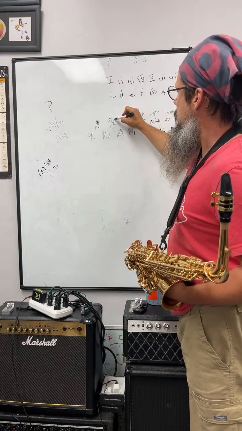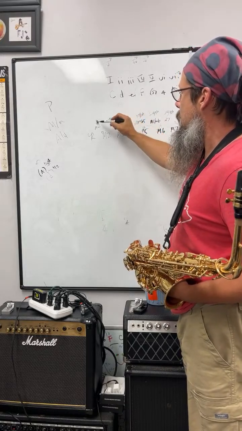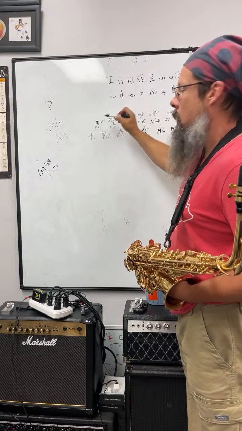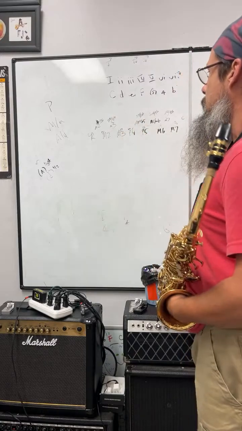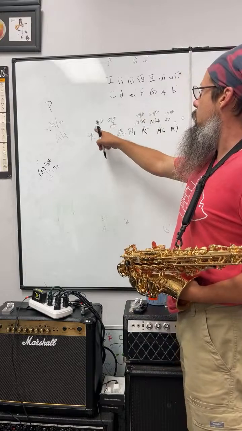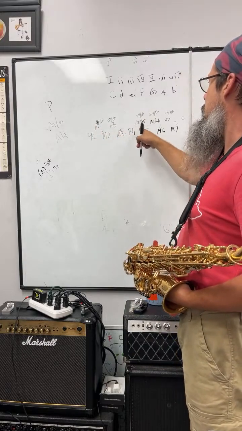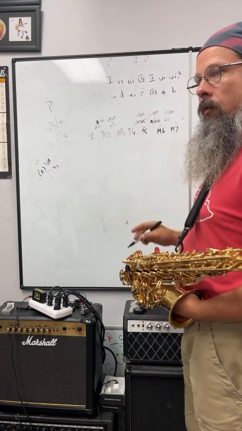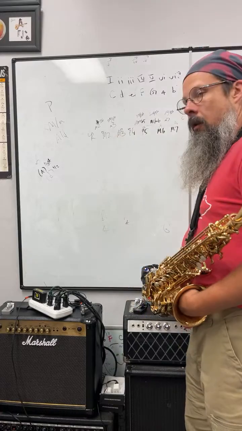D sharp is E flat, and C sharp is a D flat. So enharmonically speaking, we've got 1, 2, 3, 4, 5, 6, 7, 8, 9, 10, 11, 12 notes. Those are our chromatic notes.